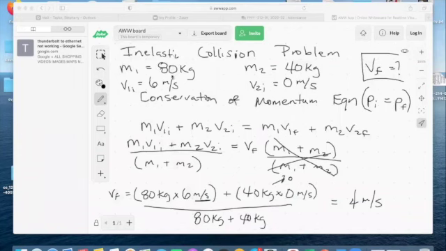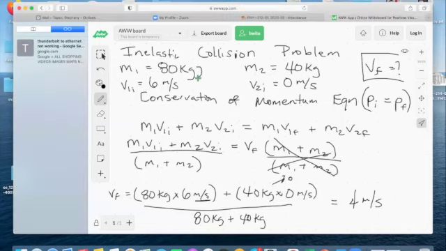So the first set of information that I gave you, this was for the grandma. So her weight, which is M1, and then her velocity was the 6 meters per second. And then the second set of information was the kid, her grandkid.